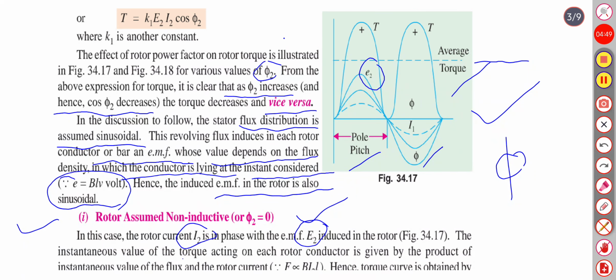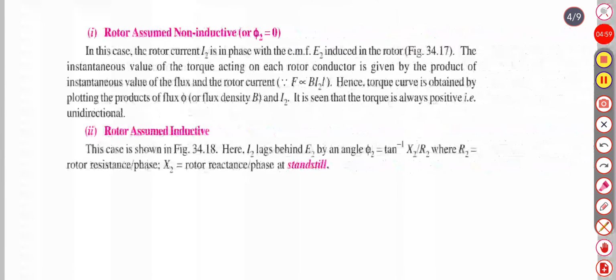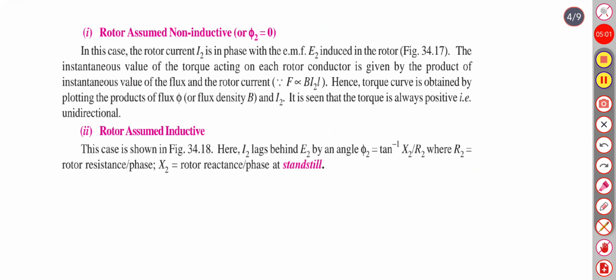The instantaneous value of torque acting on the rotor conductor is given by the product of the instantaneous value of flux and the rotor current, because force is proportional to B I L. B is the flux density, I2 is the rotor current, and L is the length of the rotor.